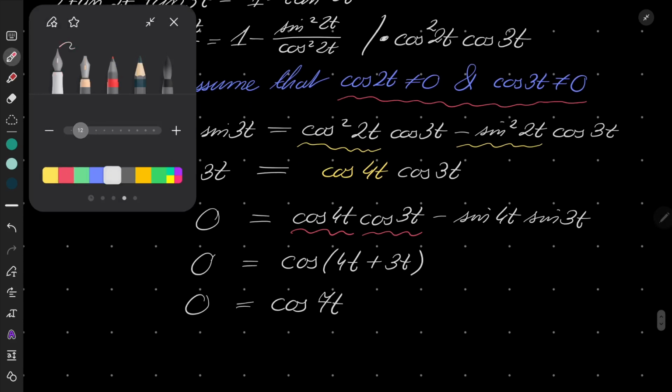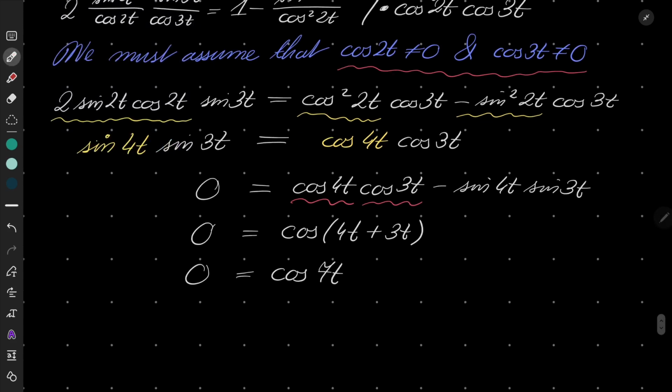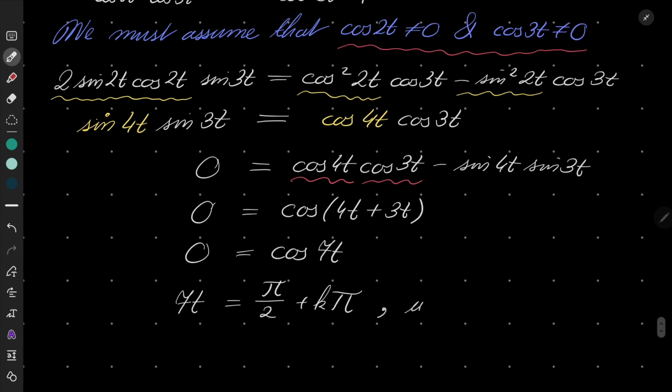Okay, so now cosine of 7t, when cosine attains the value of 0, well, simply 7t must be equal to pi over 2 plus k times pi, where k is an arbitrary integer.